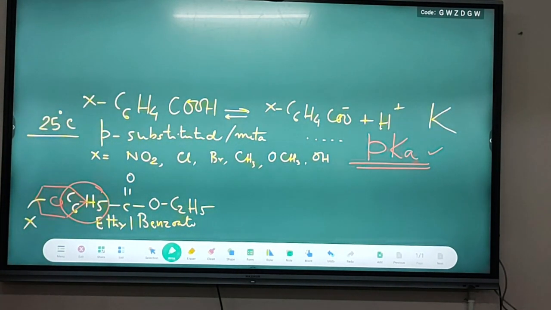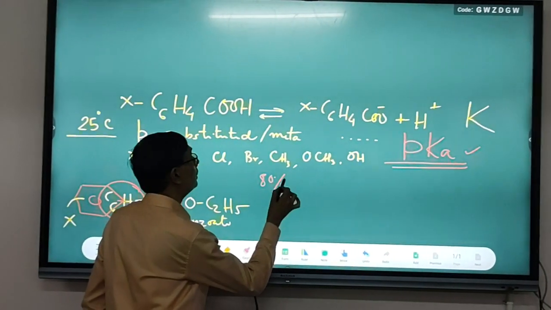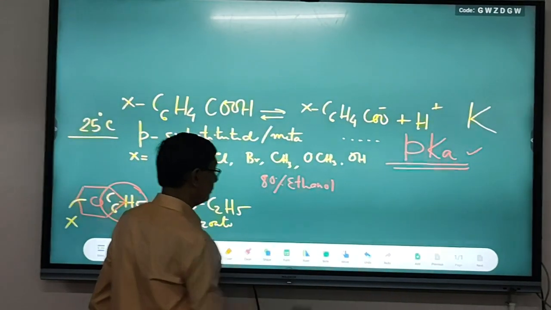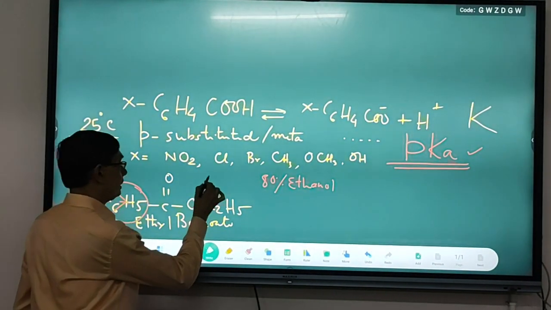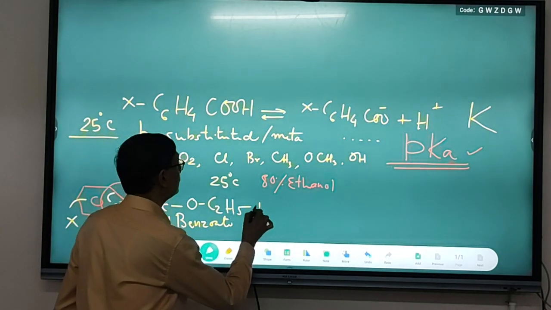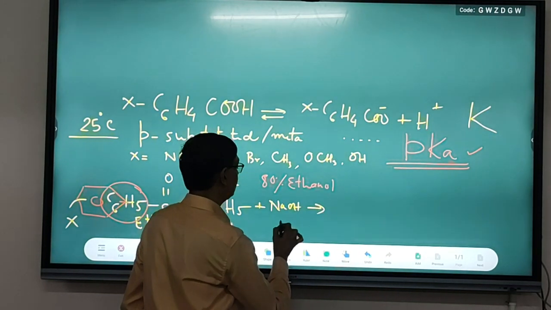X. Again, he has taken para substituted ethyl benzoate. Some are not soluble in water, so he has taken 80% ethanol. And the temperature is again room temperature, 25 degrees centigrade, and sodium hydroxide or OH.